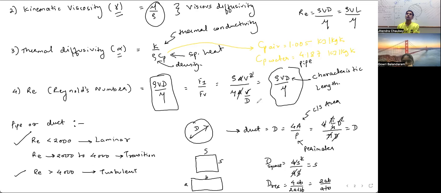Cp of steam is not something you would be using, and even if required, it becomes a function of pressure, so at every pressure Cp changes. But for water, irrespective of pressure, Cp is always the same. Cp of ice is 2.1 kilojoule per kg Kelvin.